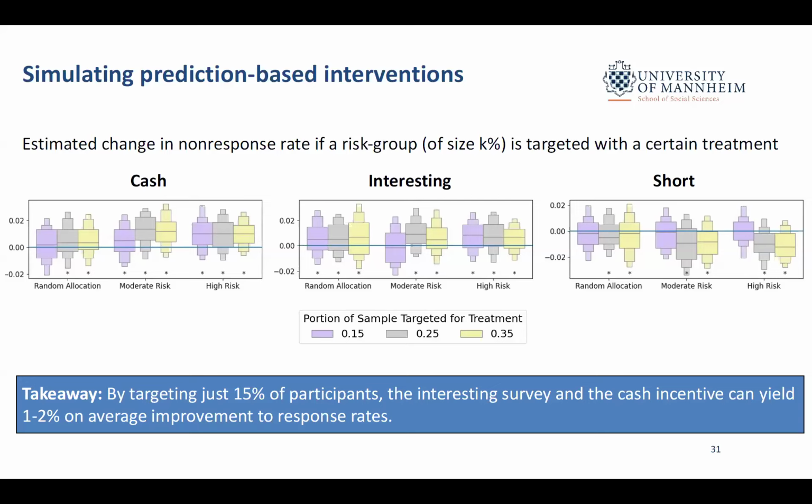And by comparing that with the random allocation, we can see that there is improvement made by the instances where we're using the models to target people. It's superior for interesting survey and for cash incentive to if we just randomly gave out the incentives, and so the propensity models are doing their job.